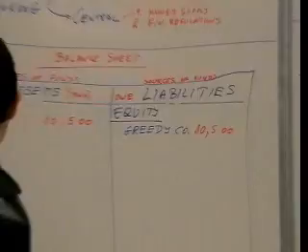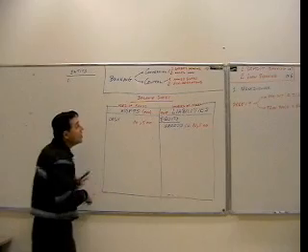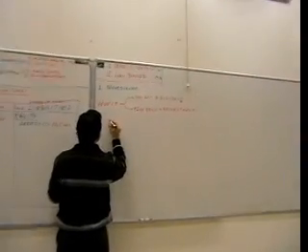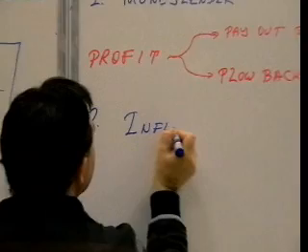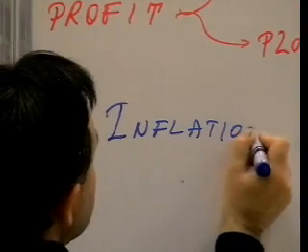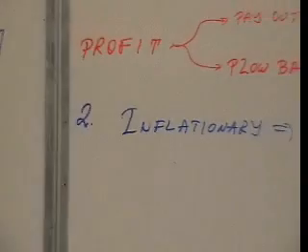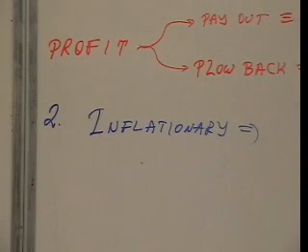So, question now. Is this process inflationary, where you actually had 10,000 and now you have 10,500? At the end of the transaction, was the transaction's nature inflationary or not?